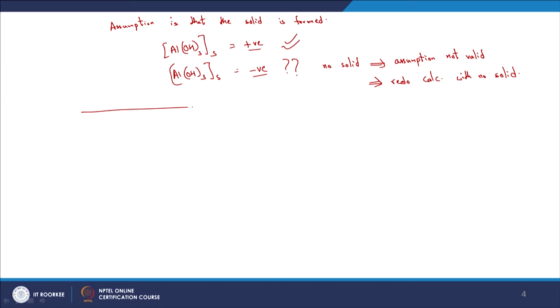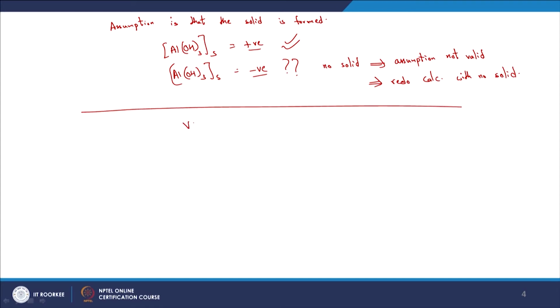If it is a positive value, that means the precipitation has occurred. But if it is a negative value, what do you need to understand? That there is no precipitation, and so you need to redo the calculations, removing your solid term and just solving for your aqueous phase species, right. So that is how you can go about it.